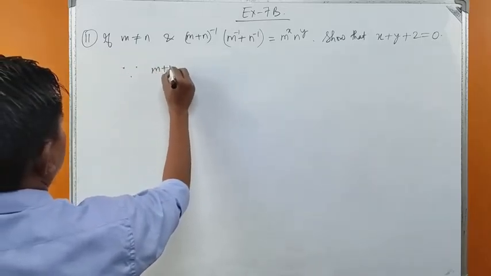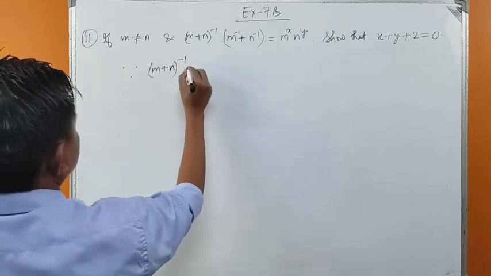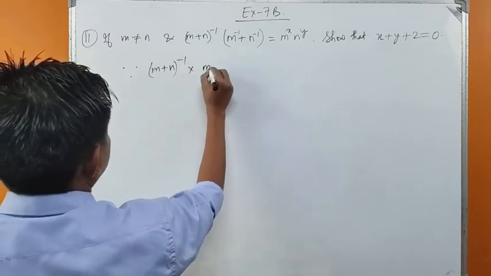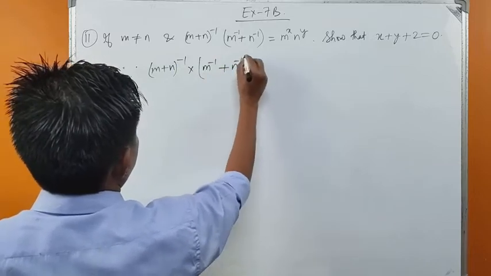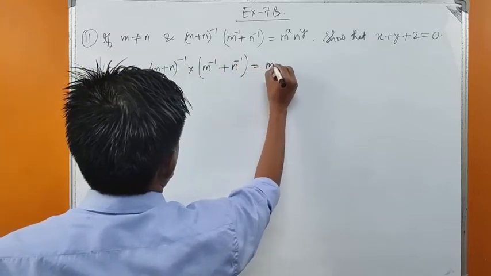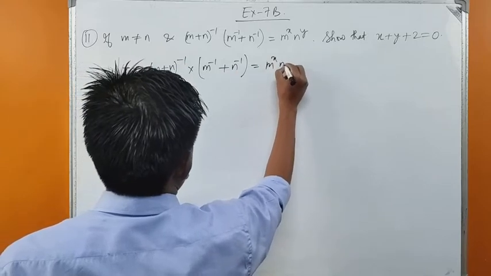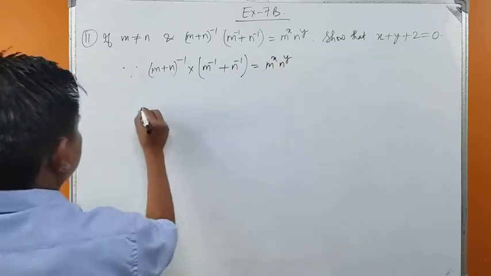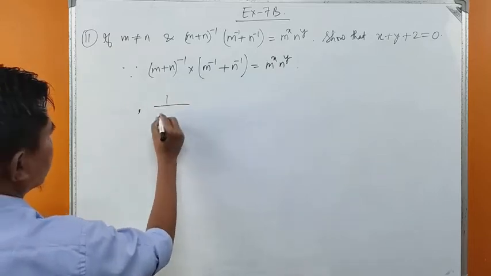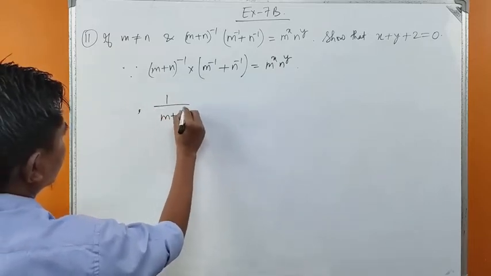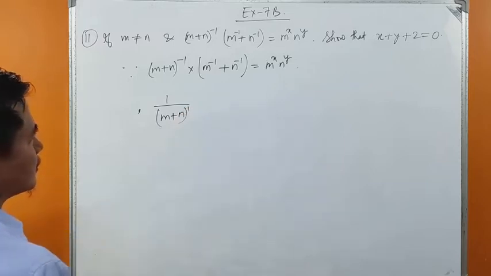Since (m plus n) whole to the power minus 1 into m to the power minus 1 plus n to the power minus 1 equals m to the power x into n to the power y. Now we take this number down to the denominator, 1 upon (m plus n) whole to the power 1, isn't it?